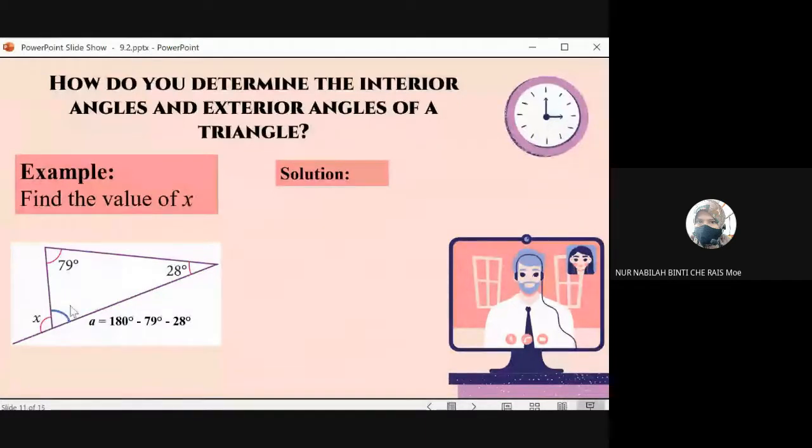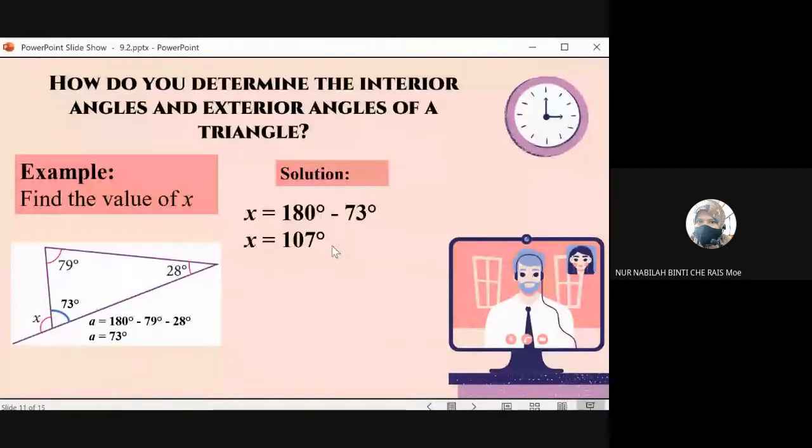So you can find, let's say this one is A, 180 minus 79 minus 28. So you will get A equal to 73 here. And then you can find x because this is a straight line, so 180 minus 73. So you get x equal to 107.